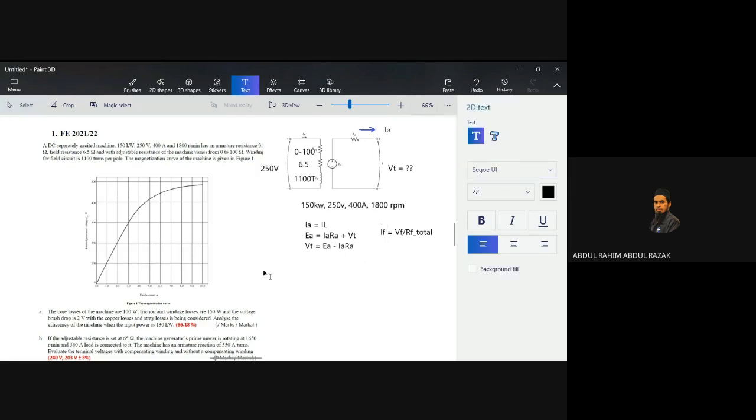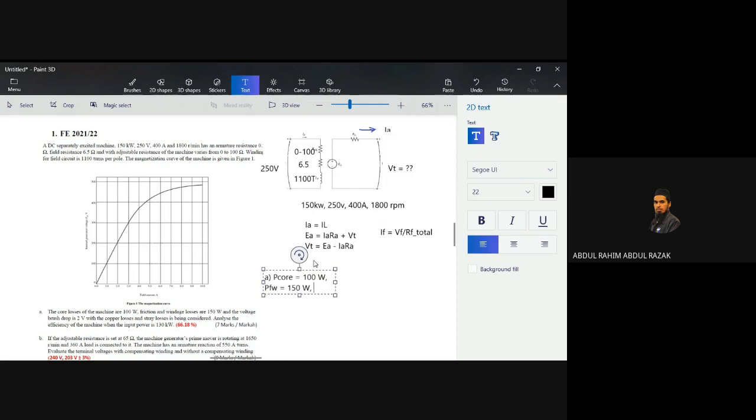So we start with A. What does it need? It is stated that P core is given as 100 watt, P friction and windage, PFW, is equal to 150. You can write here or write up front, or write during answering the question.